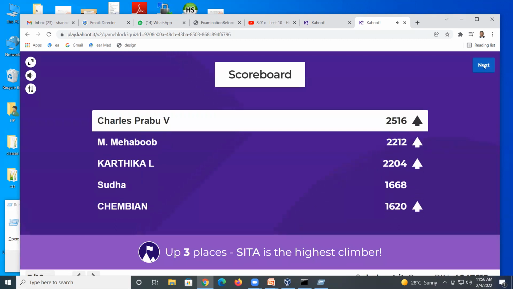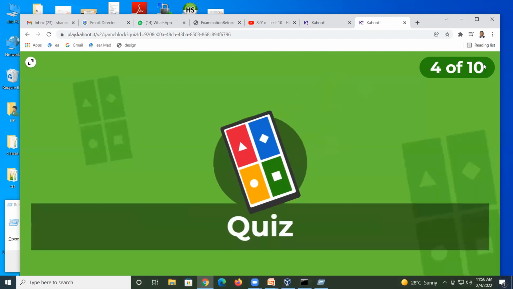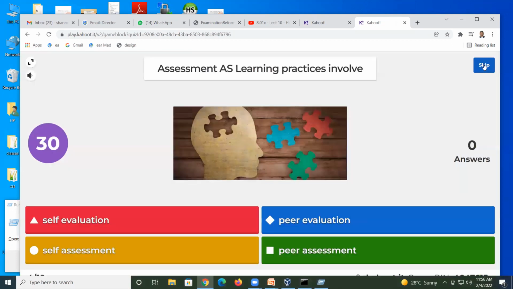Fine. The fourth question is assessment as learning. We have discussed assessment for learning, assessment as learning, and assessment of learning. Assessment as learning is what?